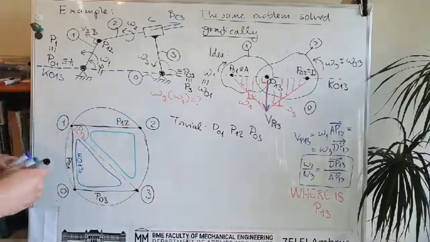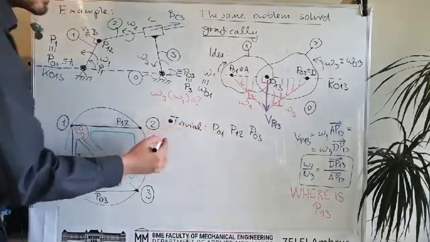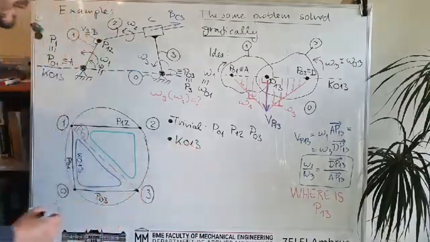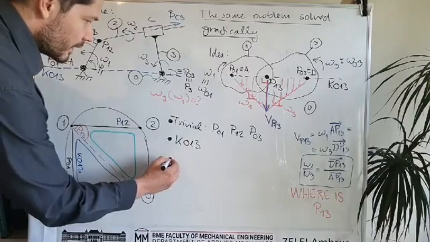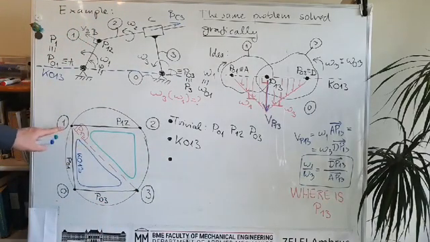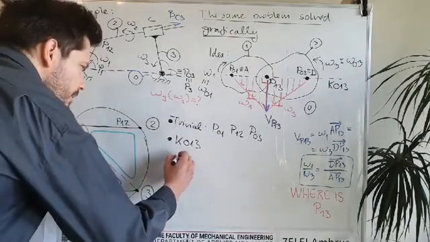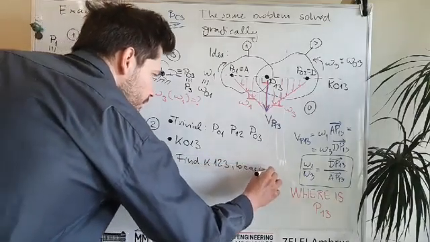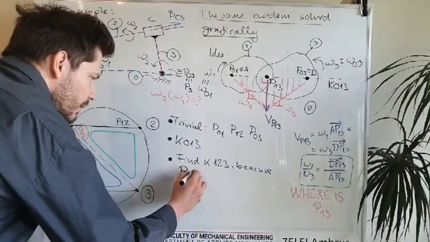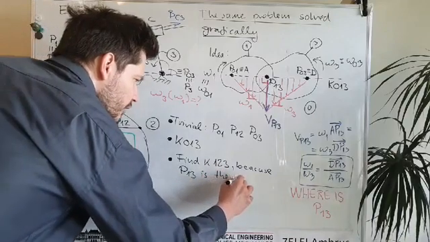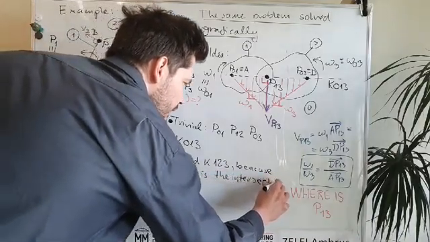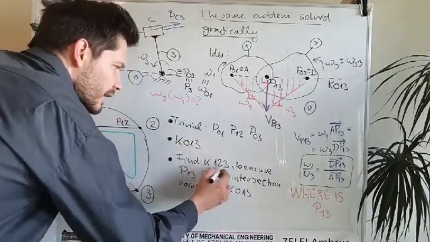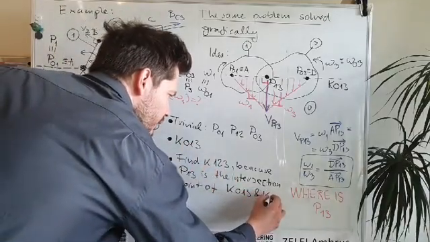Okay, we can just put the steps here. So first we found the trivial poles, and then we found Kennedy line 0, 1, 3, and the next step would be to find the Kennedy line 1, 2, and 3, because P13 is the intersection point of Kennedy line 0, 1, 3 here, and Kennedy line 1, 2, and 3.